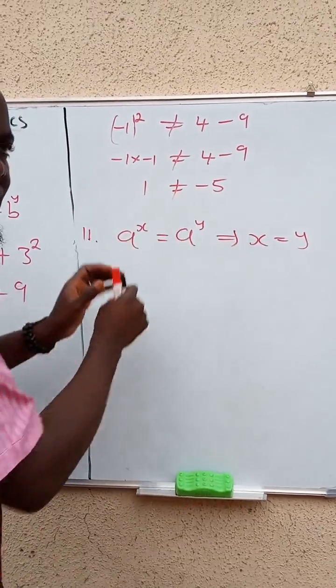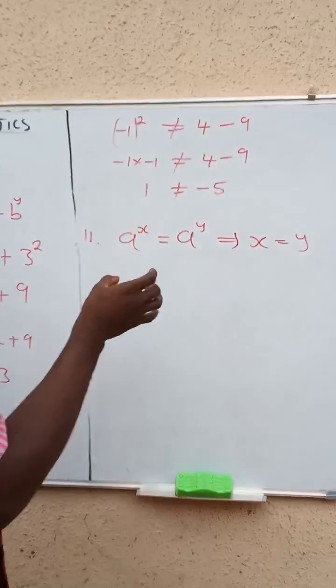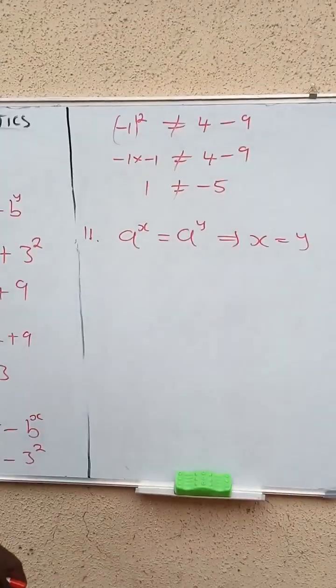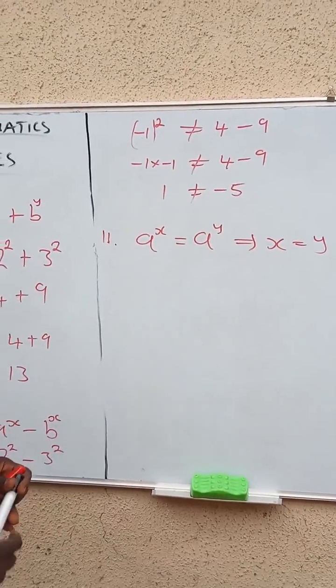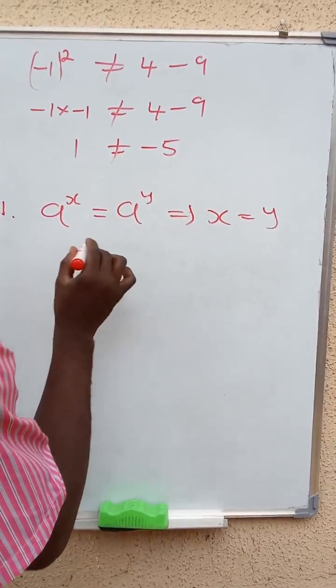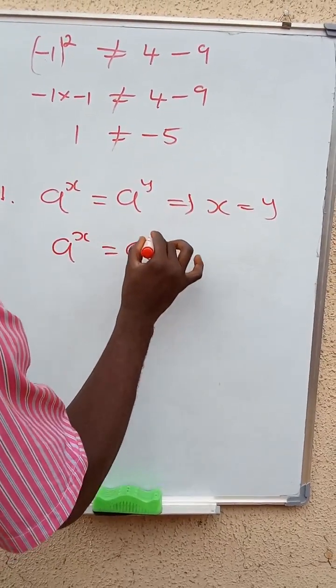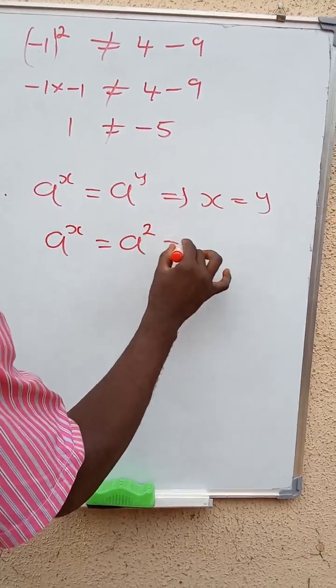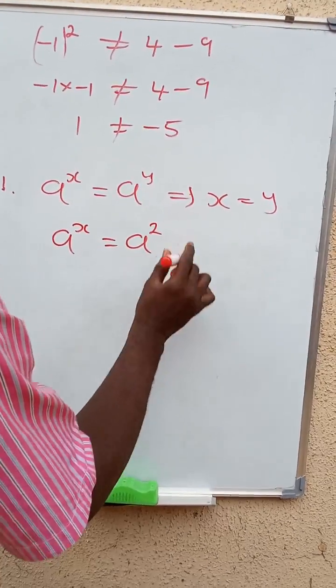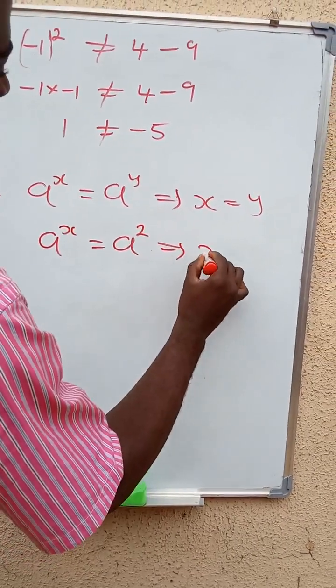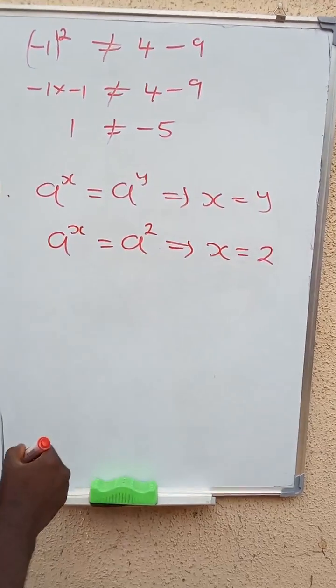Then their powers, the indices, will be equal at both sides. For example, a raised to the power of x is equal to a raised to the power of 2 implies that x is equal to 2.